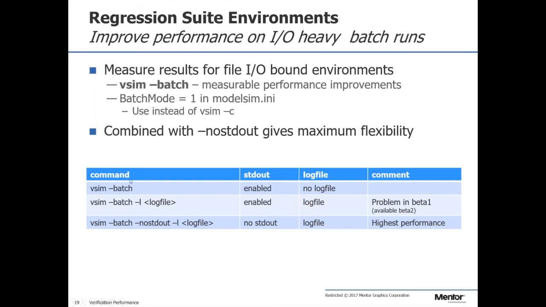We now suggest you use this argument -batch because it allows you to not use standard output as your log writing facility. Standard output is kind of expensive. It's kind of inefficient. And if you use the local built-in file creator, it'll be better. And so, for high performance, use -batch and no standard out.